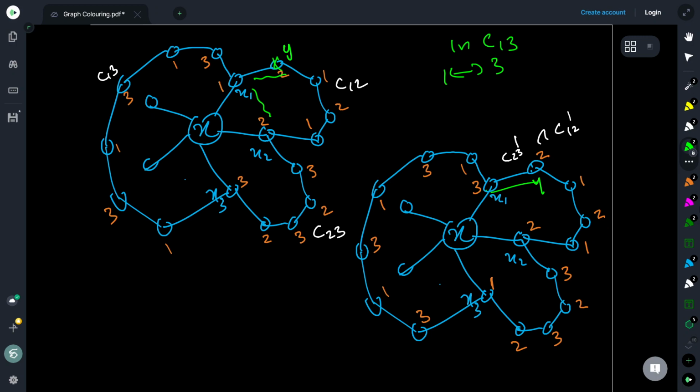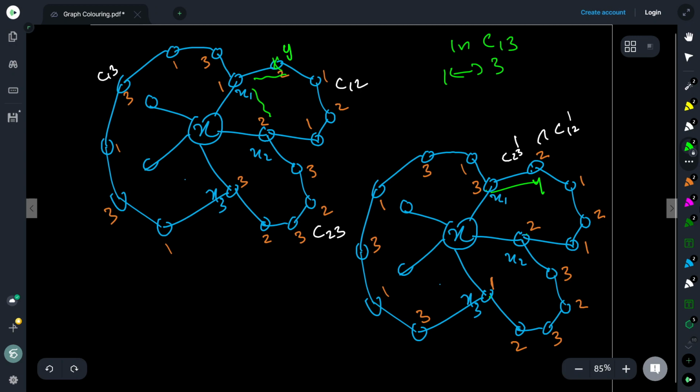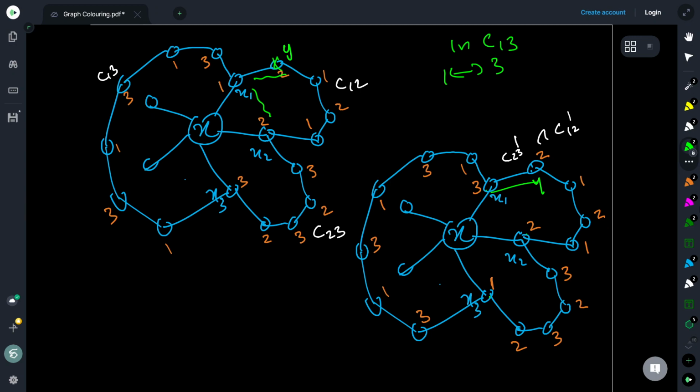And what about C12 dash? C12 dash basically starts from the vertex colored 1, and we have not changed anything in this part other than recoloring x1. So C12 dash contains everything except x1, and therefore it will also contain y, because the 1, 2 path reaches up to here.